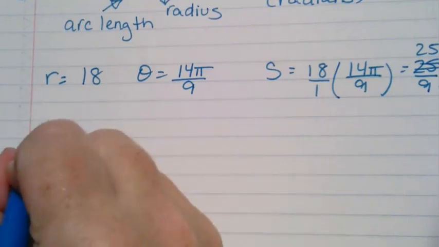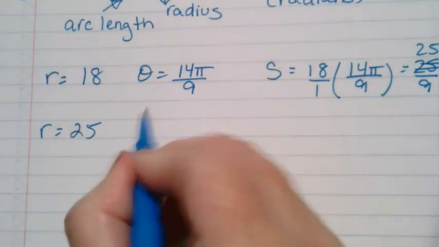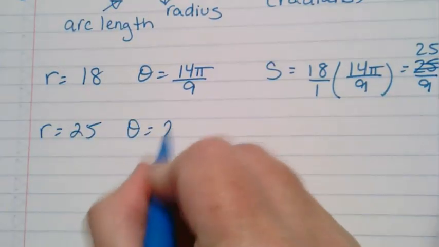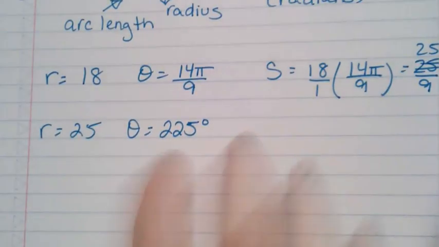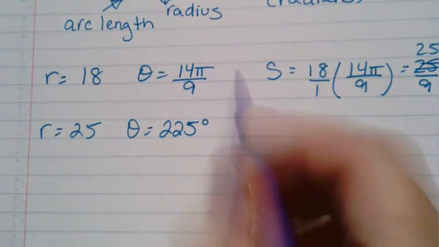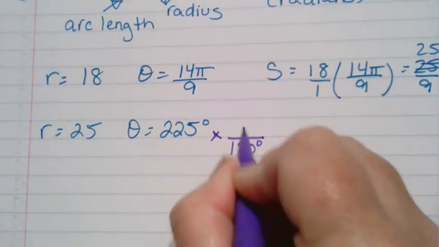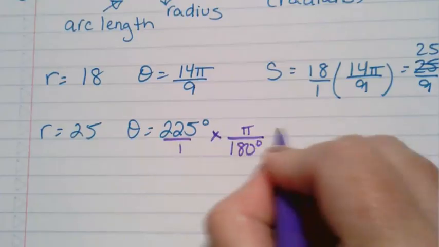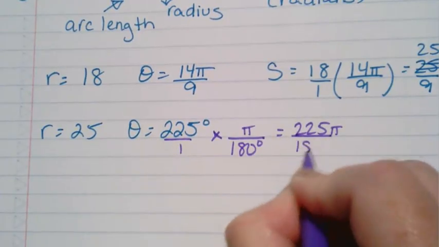Next one is r equals 25, and theta equals 225 degrees. So before we even get started right here, we do need to do a conversion because that is in degrees. So I'm going to times this by pi on top and 180 degrees on bottom. 225 pi over 180.